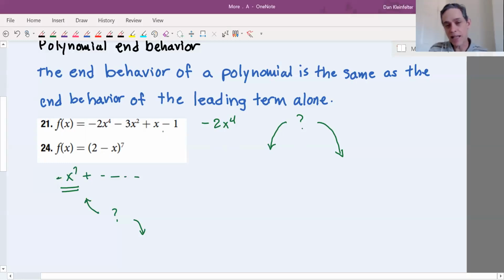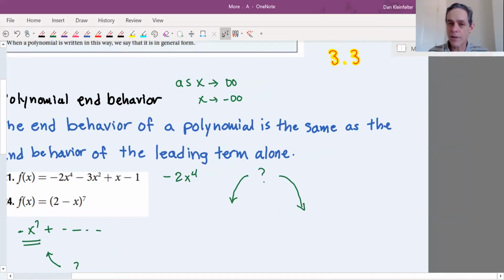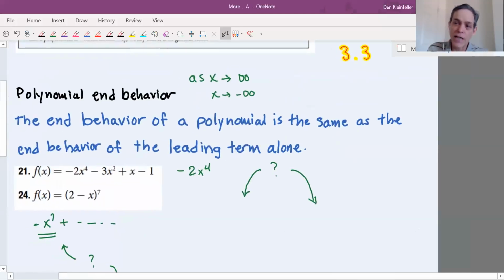Remember that for the end behavior, we're looking to see what happens as x approaches positive infinity or x approaches negative infinity. So that's really big values of x, millions and billions and trillions and really huge gigantic numbers, like all the eyelashes of all the people in all the world. Okay, that's a lot. That's a big number.